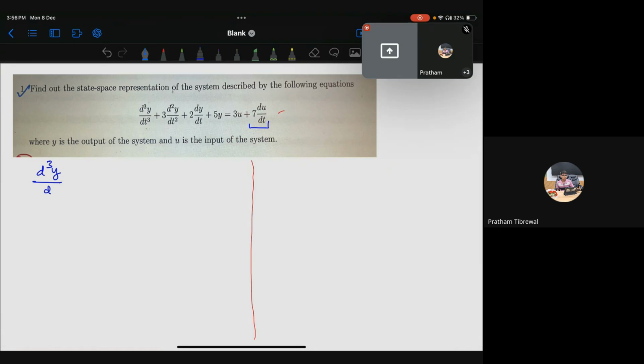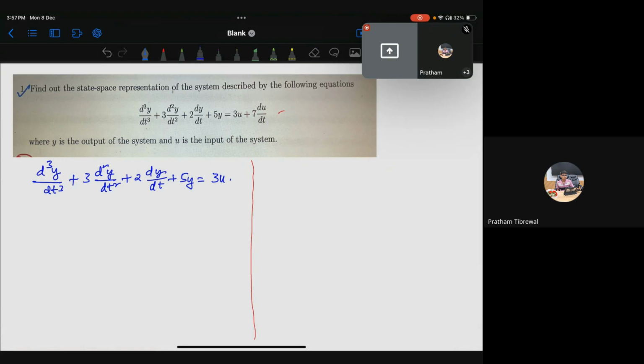d cube y by dt cube plus 3 d square y by dt square plus 2 dy by dt plus 5y equal to 3u. Here intentionally I'm not including that term. First we want to go step by step, so this 7 du by dt we will add later in the next step.